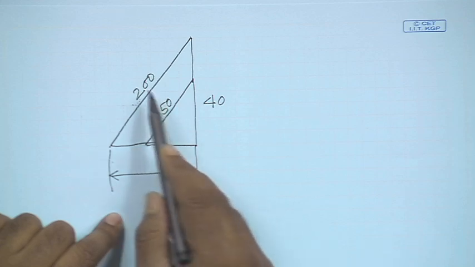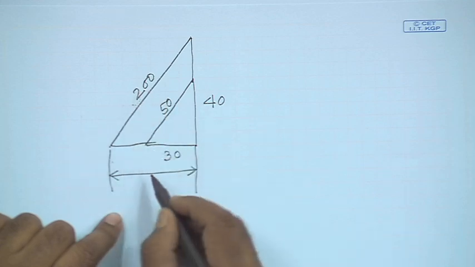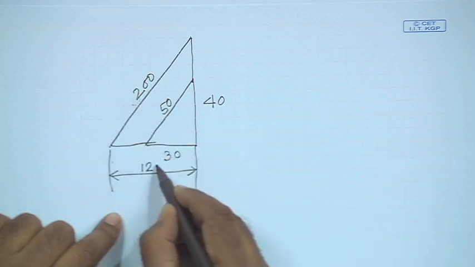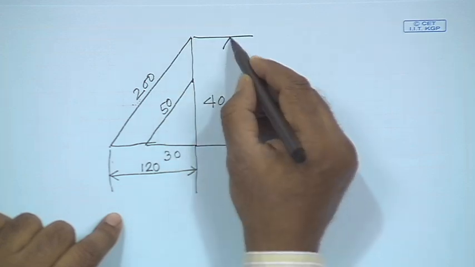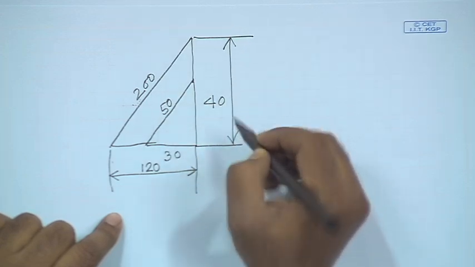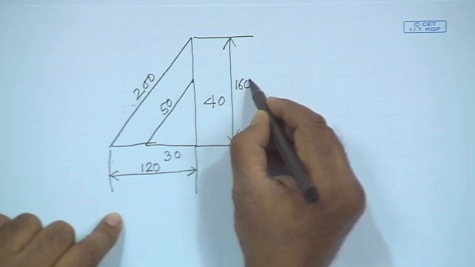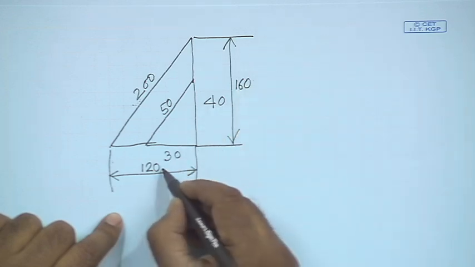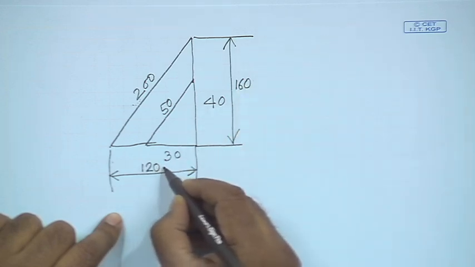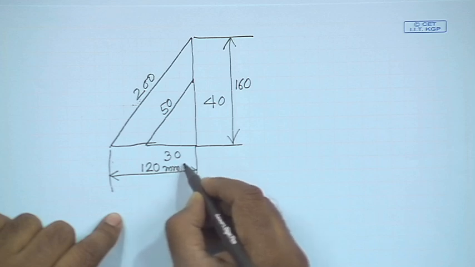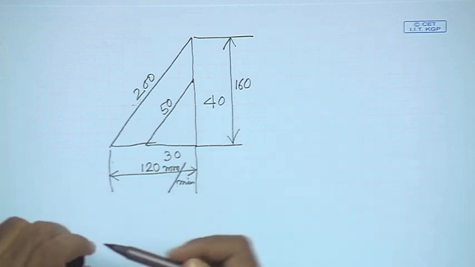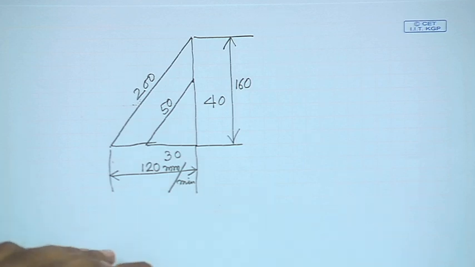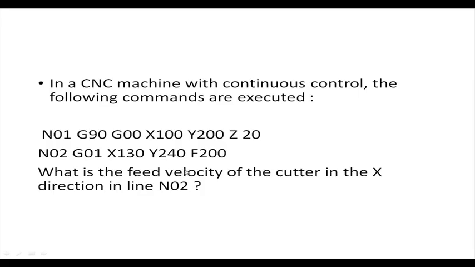So, multiplied by 4, you have 120 here, and here you have 160. So, the answer is the feed should be 120 millimeters per minute along the X axis for this particular command block. Okay, 120 millimeters per minute.